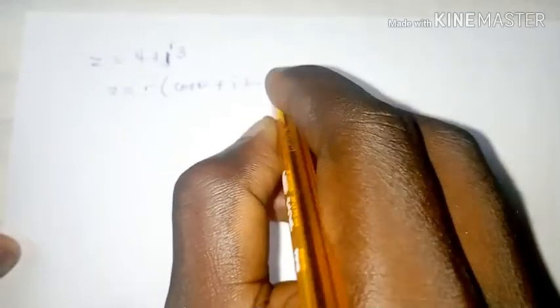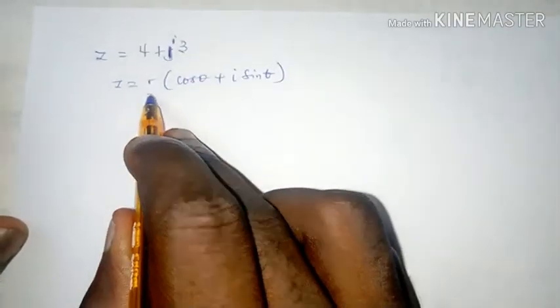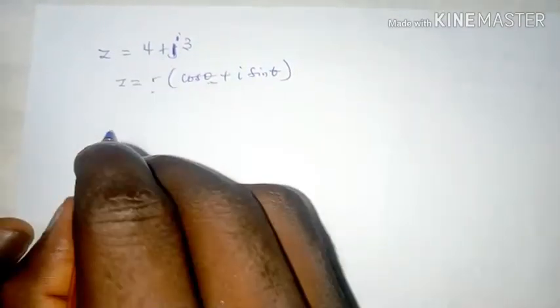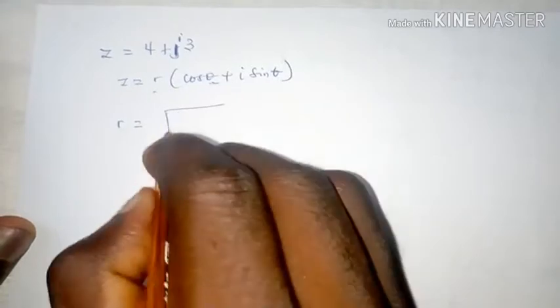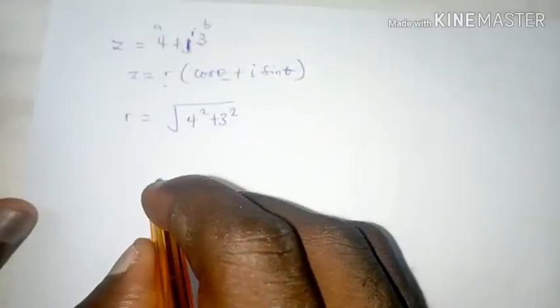It's a matter of finding our r and theta from this. So r now becomes, in this case, our a is 4 and b becomes 3. So we get the square root of 4 squared plus 3 squared. Then r becomes the square root of 25, r becomes 5.